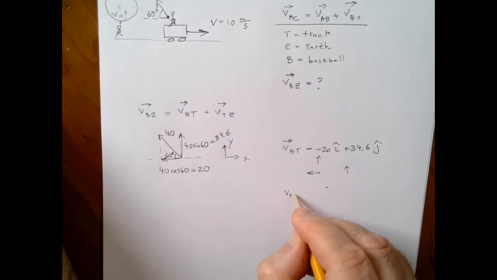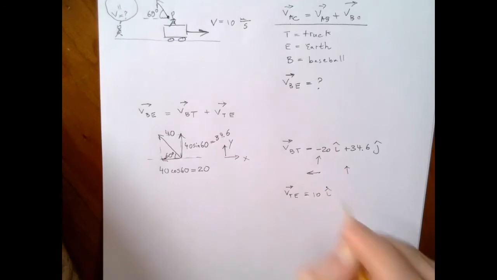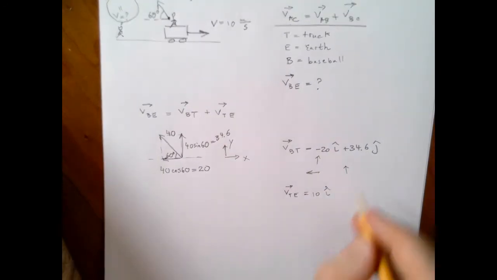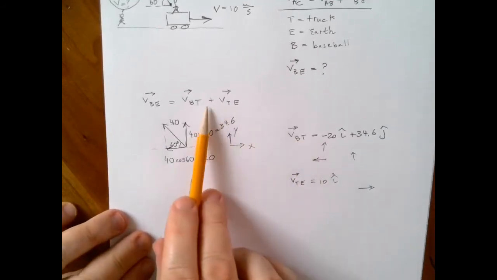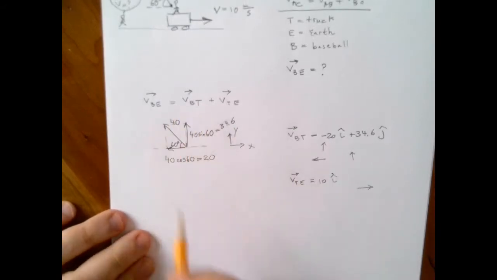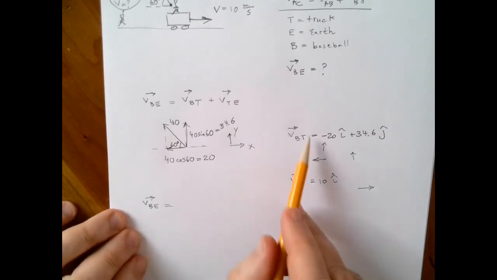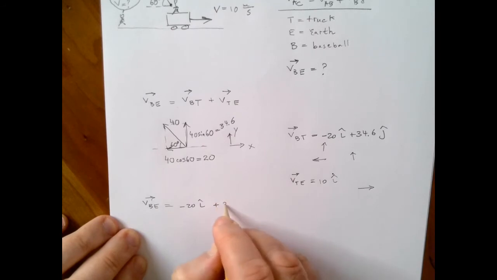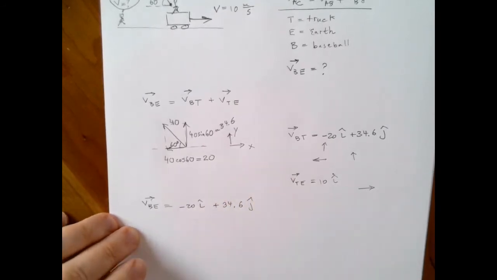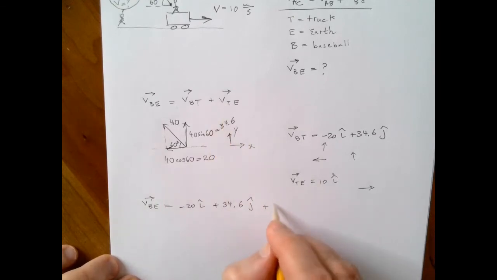On the other hand, the velocity of the truck with respect to the Earth is simply 10 i hat. It is because the truck is moving to the right. So when we come back to this equation, we have velocity of the ball with respect to the Earth is velocity of the ball with respect to the truck, so minus 20 i hat plus 34.6 j hat, plus velocity of the truck with respect to the Earth, plus 10 i hat.